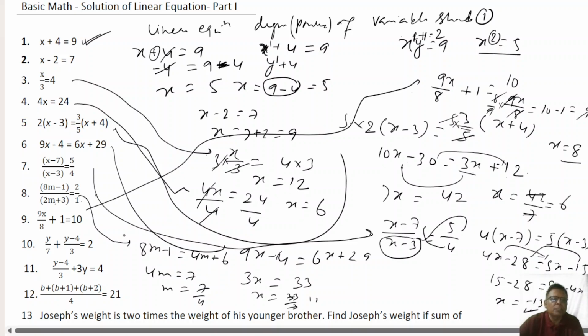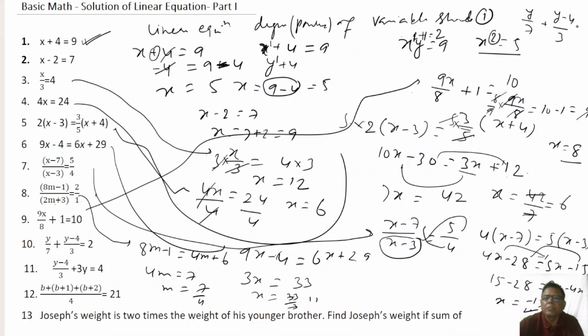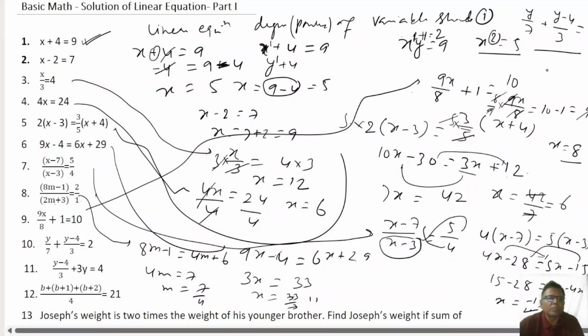Now come to the next question: y by 7 plus (y minus 4) divided by 3 is equal to 2. Then you take the LCM. The LCM of 7 and 3 is 21. Then it will be 3y plus 7(y minus 4) is equal to 2, then 21 you multiply by 2.